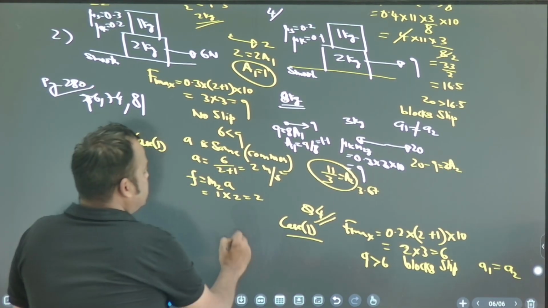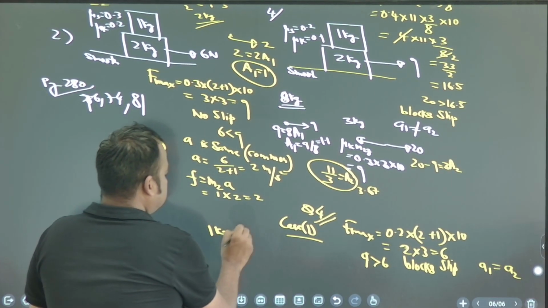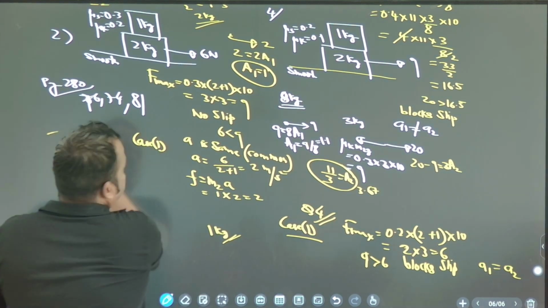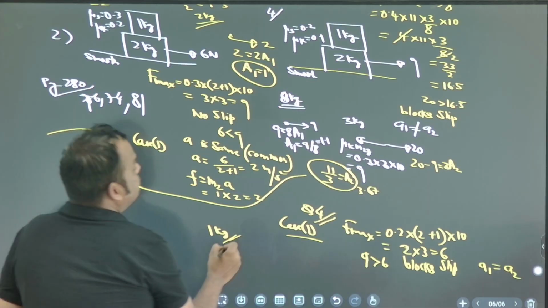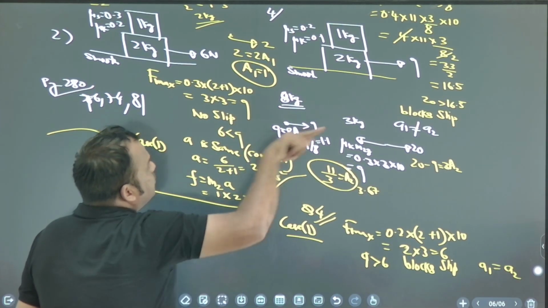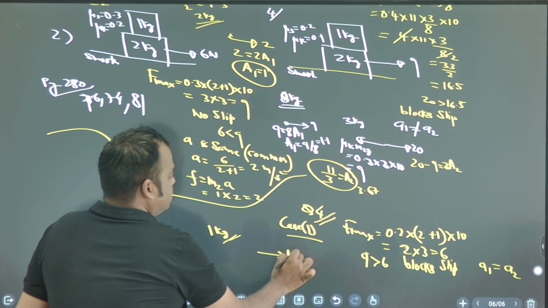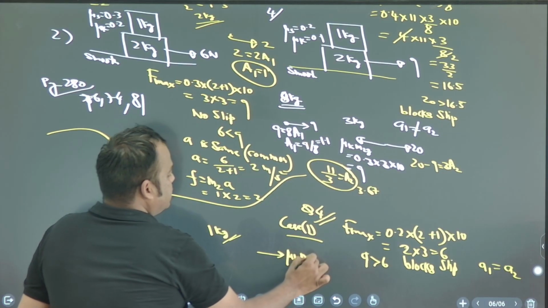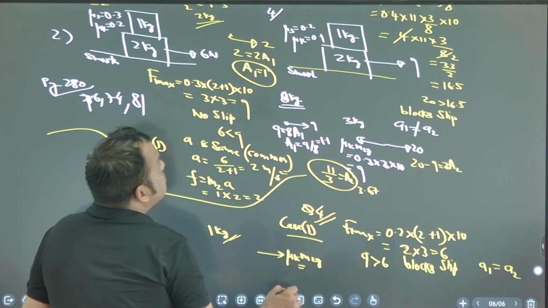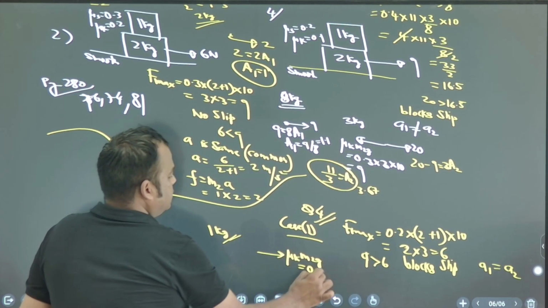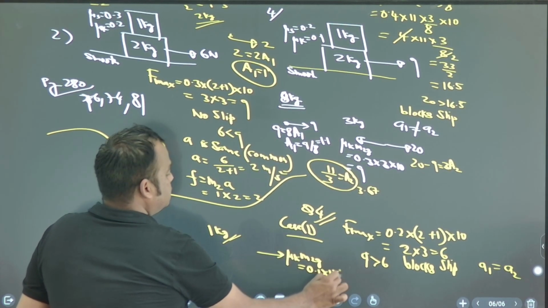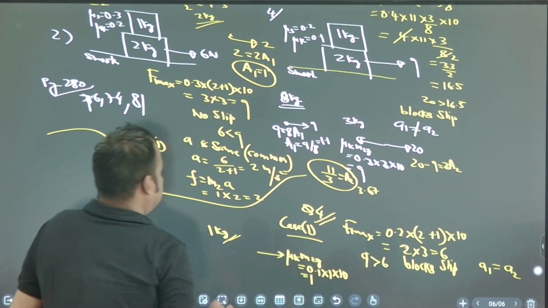So for 1 kg, what you write? For 1 kg you write friction will be right side, mu k m2g. So 0.1 m2g. So 1.